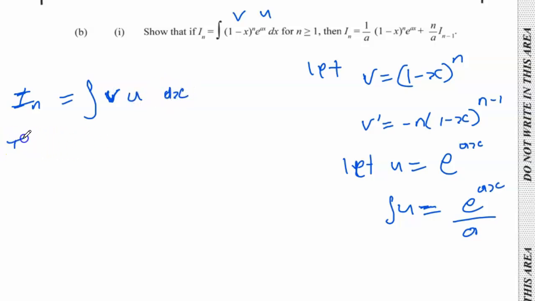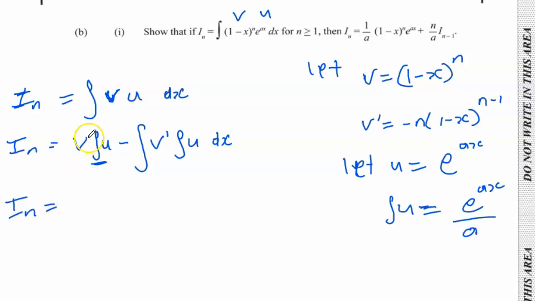In would be equal to v times the integral of u minus the integral of v prime, that's the derivative of v, times the integral of u, dx. So I'll just do the substitution now since I have everything.